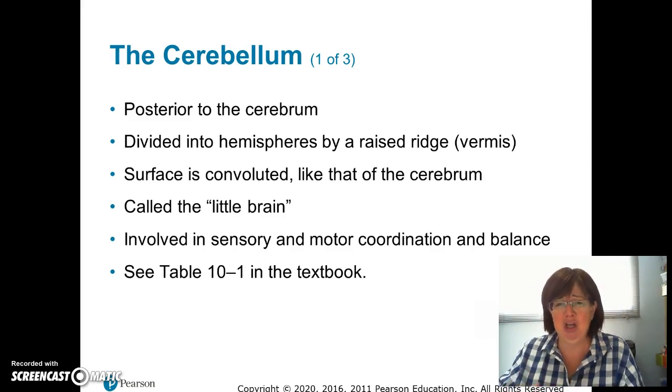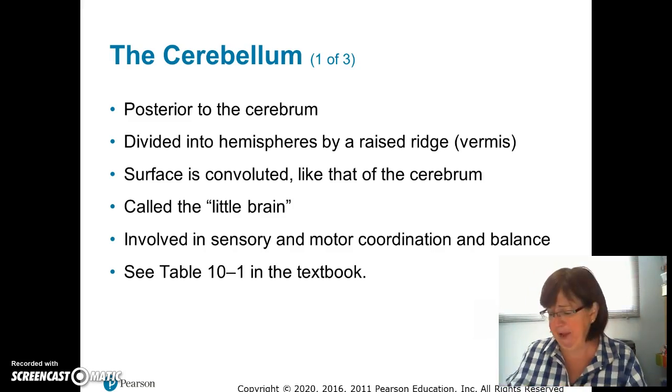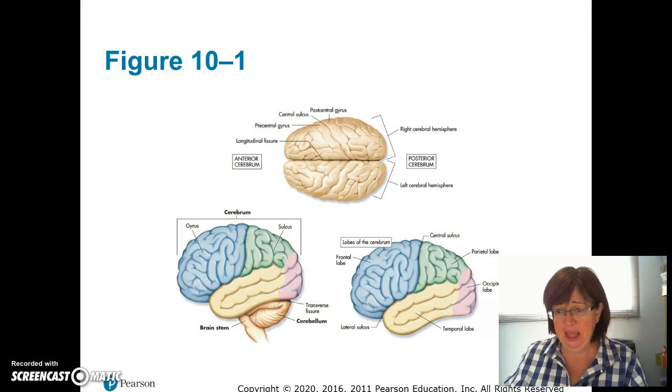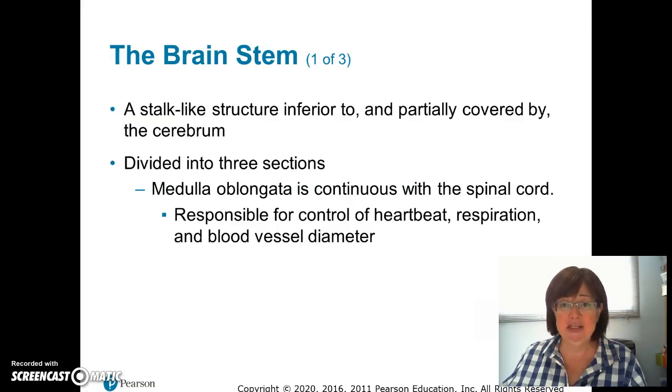Also balance, posture, things that don't really require thought but are more automatic, they go to the cerebellum. Okay? So the cerebellum is down here and it looks like a little cauliflower.